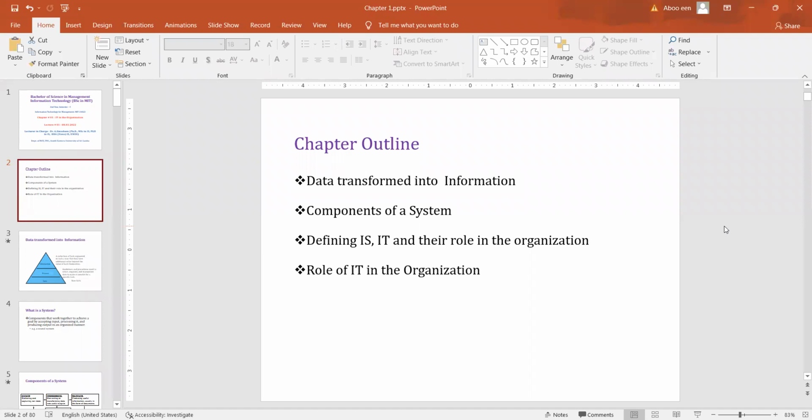Any other idea? Okay, what you all said is correct. Before we define information technology and information system, let me begin with data and information.